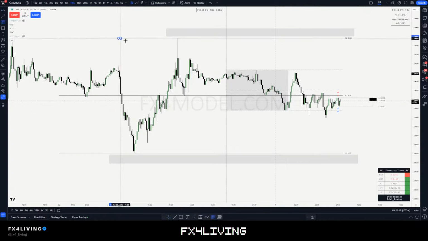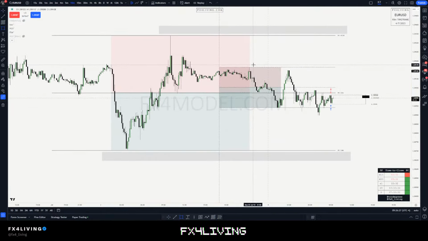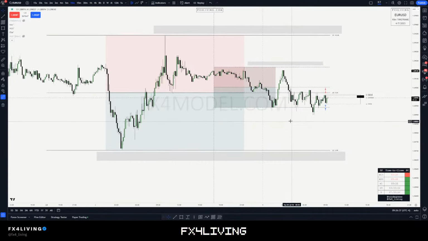You still have your premium discount from the previous day, and then your premium discount from this accumulation range. What you want to see is an external liquidity taken out here, and then a delivery to an external liquidity on the other side on the daily.